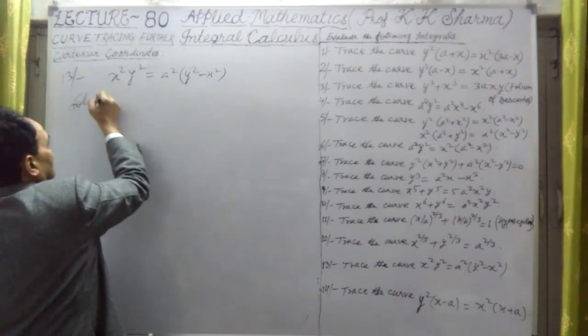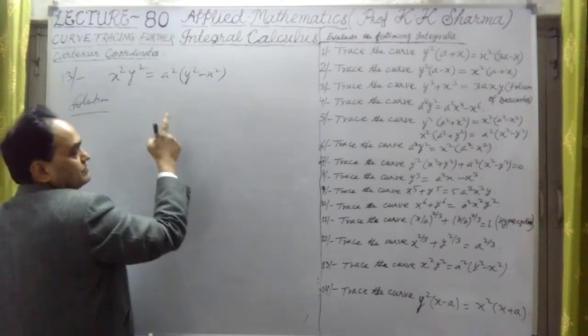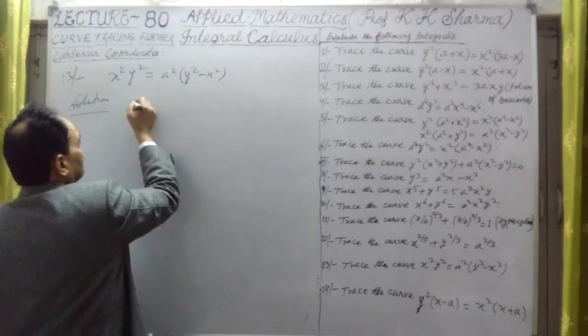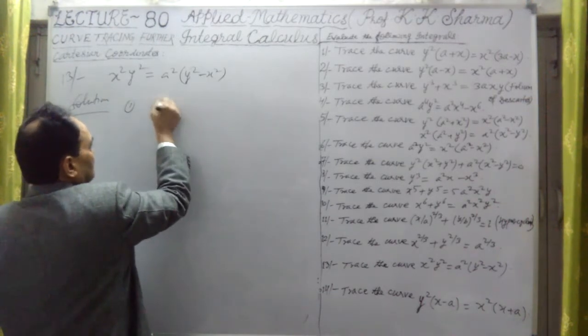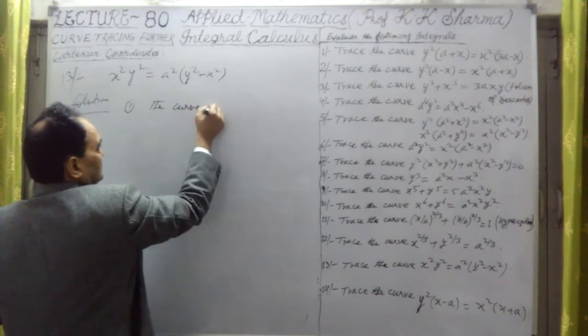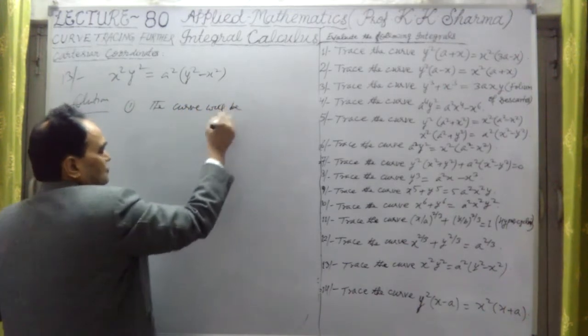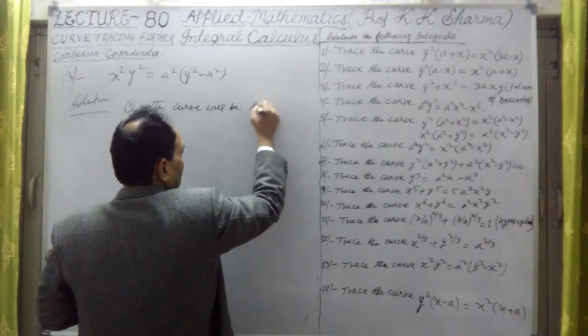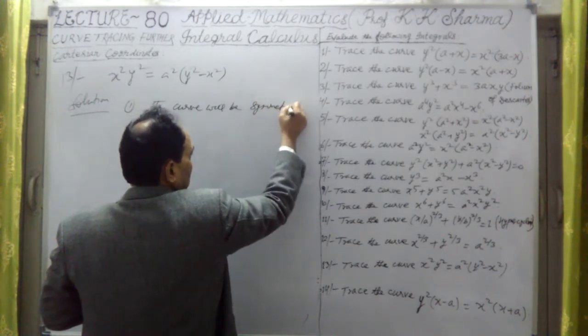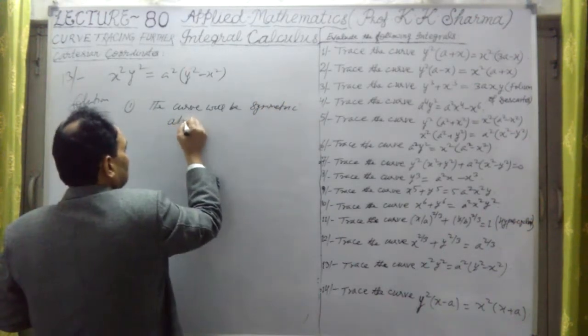Solution. Now again, the curve will be symmetric to both the axes. First point, the curve is symmetric about both the axes.